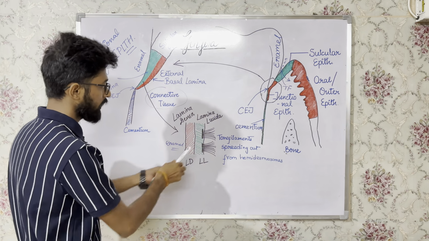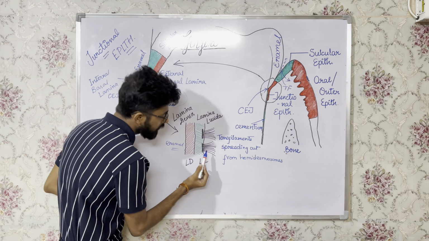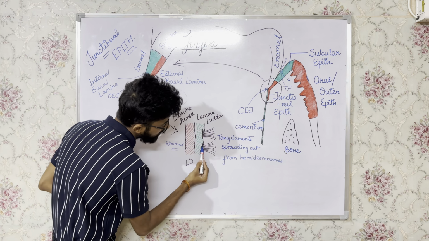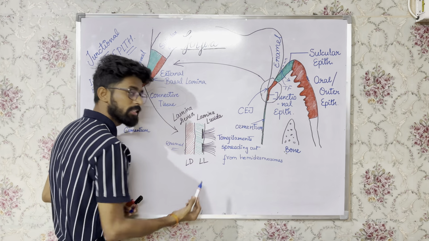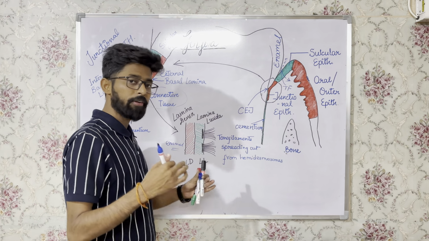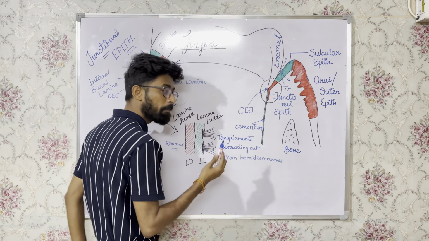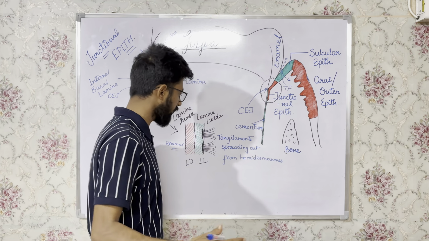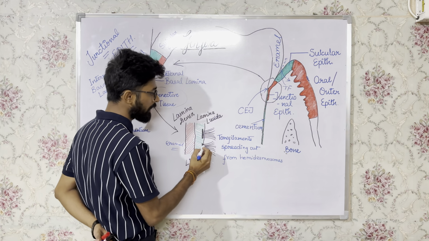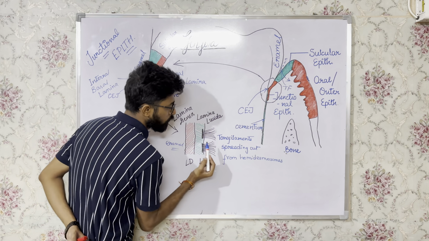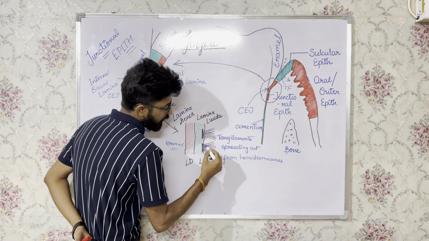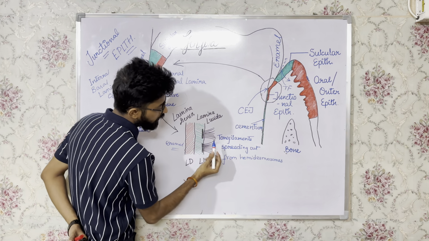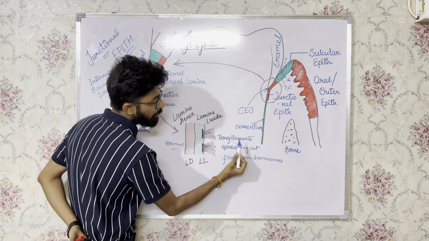Now what is this? These are called hemidesmosomes. In simple language, these are multi-protein complexes, a cell organelle, from which there are these finger-like filaments called tonofilaments.